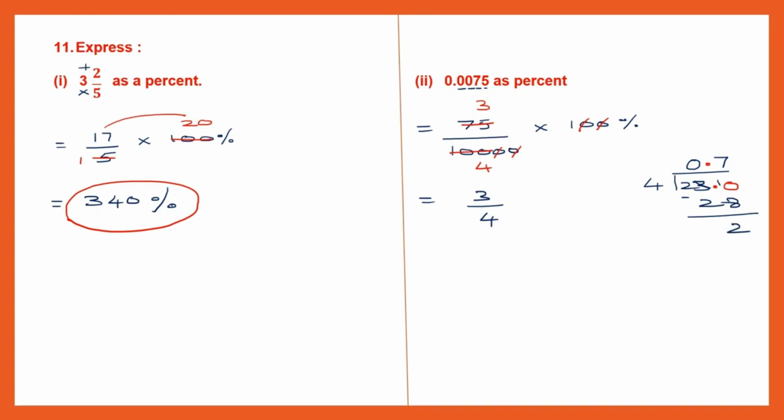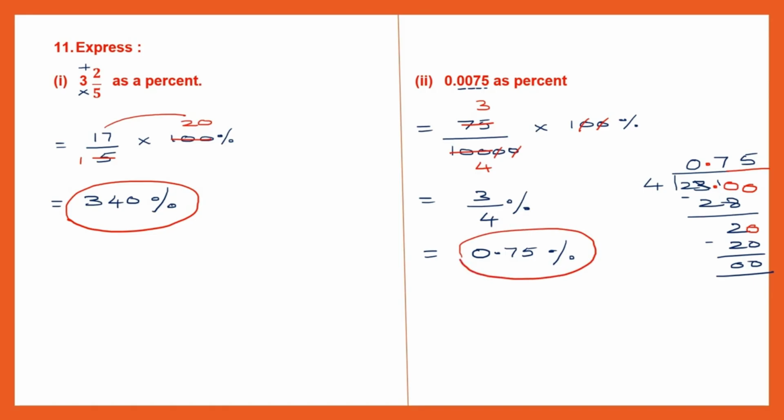We can continue the division since the remainder is not 0. So I'm going to put a 0 here, bring that 0 down. Now my number is 20. 4 fives are 20, minus 20 is 0. So 0.75. Let's write that, 0.75, and put the percentage sign. Now here also you can put the percentage sign. So our final answer here is 0.75%.